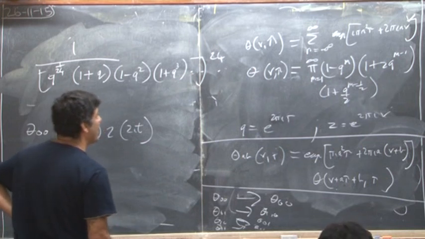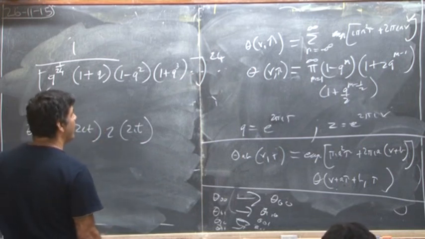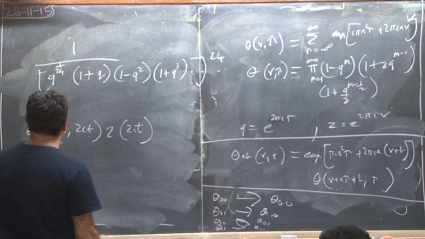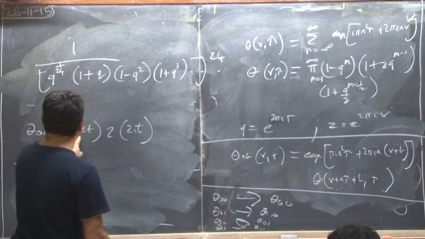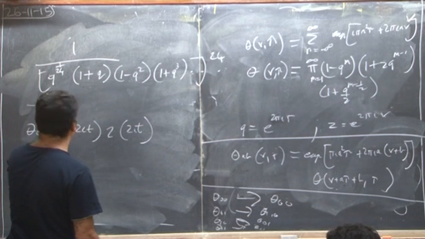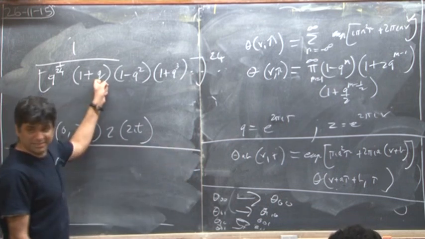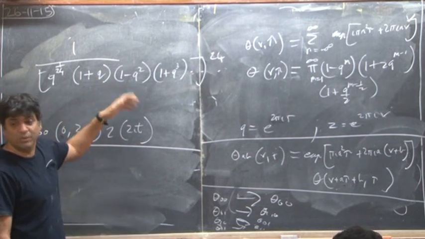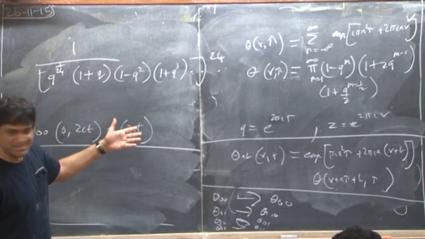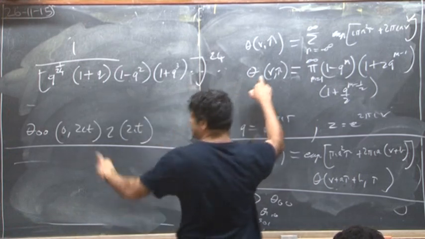Let's see. 0, 0 and 2it. So firstly, this is 0. You see, firstly, q appears here, and we want things only in q squares. So let's just write down what this is.